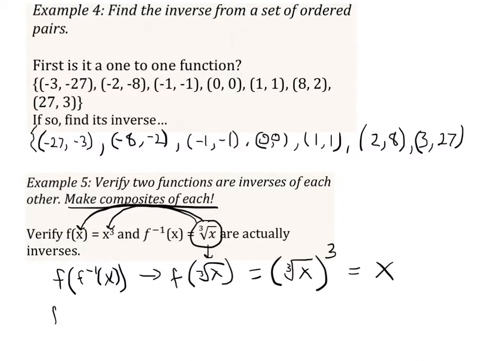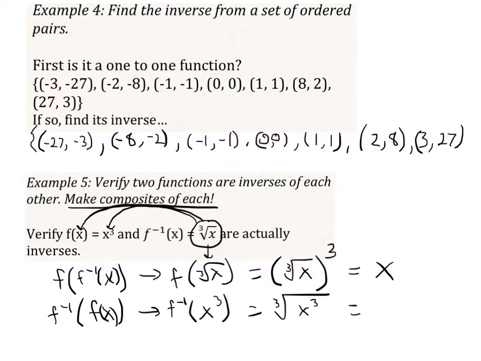Then I have to go in reverse, and I say f inverse of f of x. So I make composites. So I have f inverse of x cubed. So I'm going to take the cube root of x cubed, which is x.